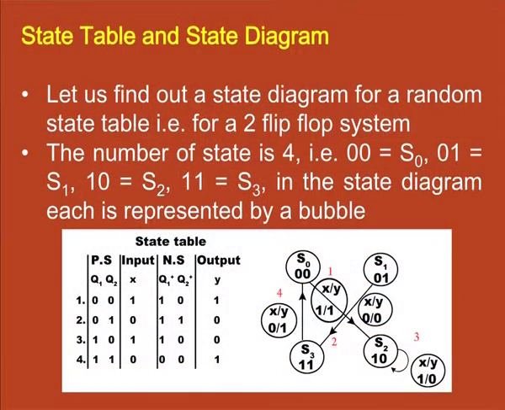For present state, because we have considered 2 flip flops, we have to consider 2 present states, shown here by Q1 and Q2, and the next state is the corresponding values coming from the present states of Q1 and Q2, which is Q1 dagger and Q2 dagger, and finally the input and output column.